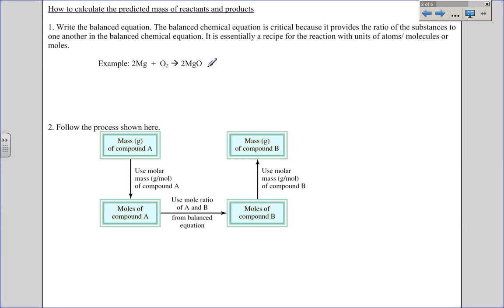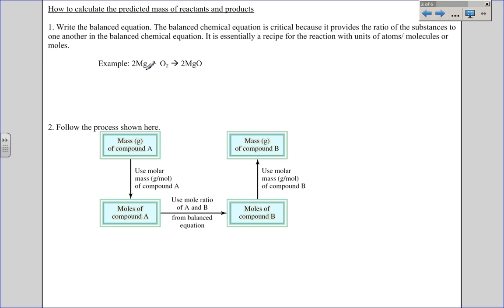But if we look deeper at what the ratios actually mean, we can see that what we're being told here is that this reaction consists of two atoms of magnesium reacting with one molecule of oxygen to produce two formula units of magnesium oxide. So the coefficients are helping to give us the ratio of the reactants and products to one another in the chemical reaction, making a chemical reaction essentially like a recipe for a particular reaction.